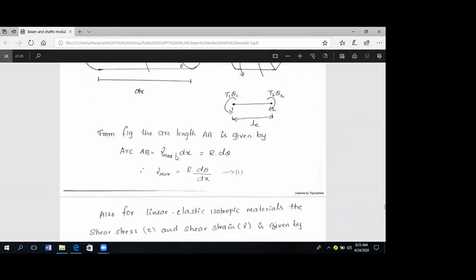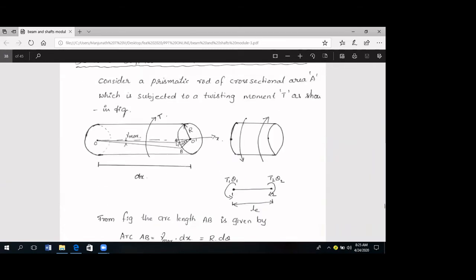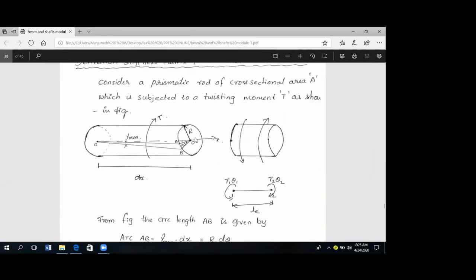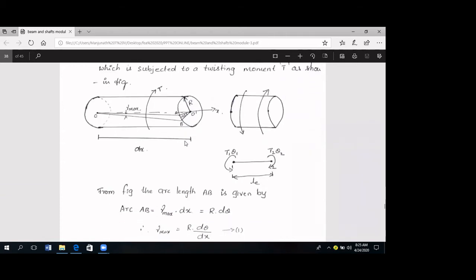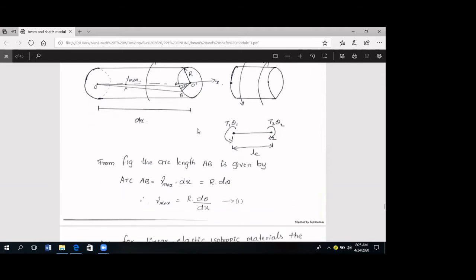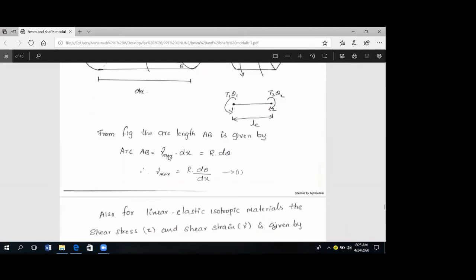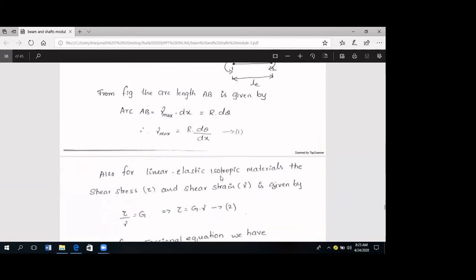So AB equals r into d theta, where theta is the angle of twist here. From these two equations, gamma max equals r into d theta divided by dx. Take it as equation number 1.